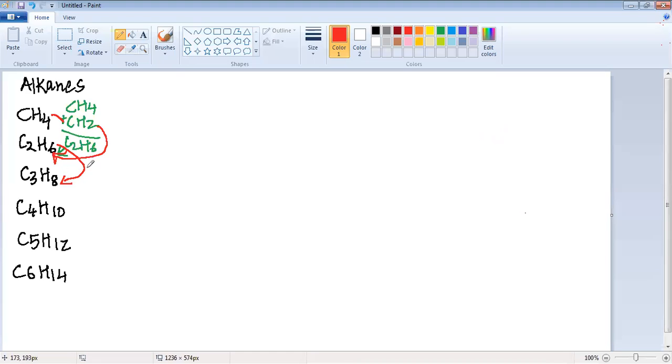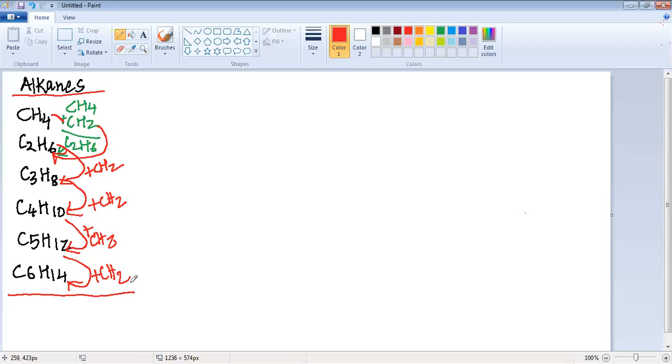Same way in C2H6, if you add CH2, you will get C3H8. In C3H8, if you add CH2, you will get C4H10. In C4H10, if you add CH2, you will get C5H12. In C5H12, if you add CH2, you will get C6H14. So you can see that each member of alkane differs by CH2.